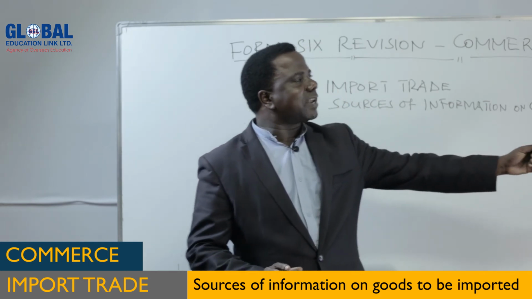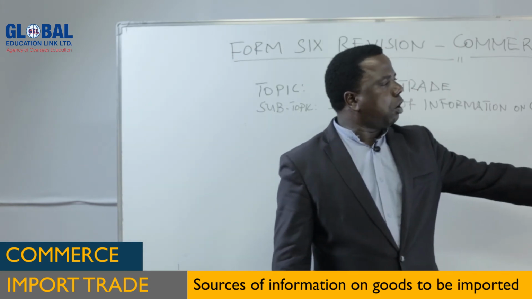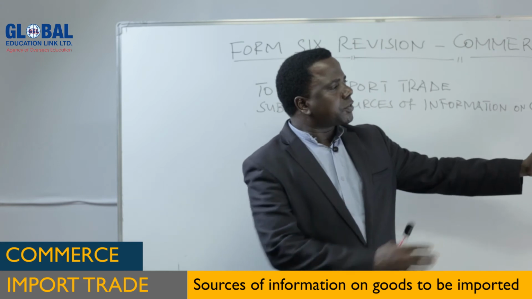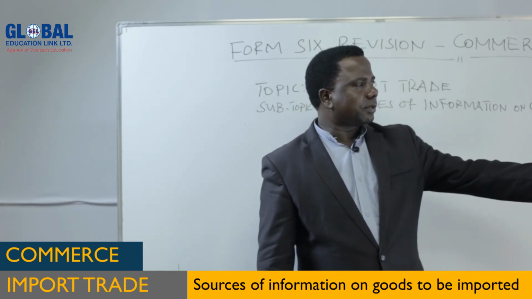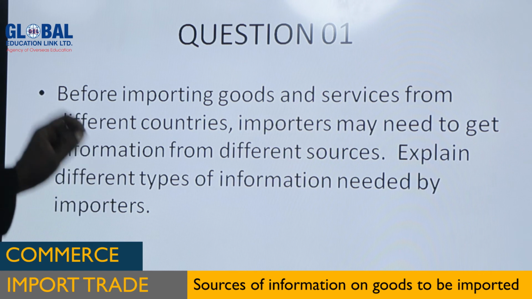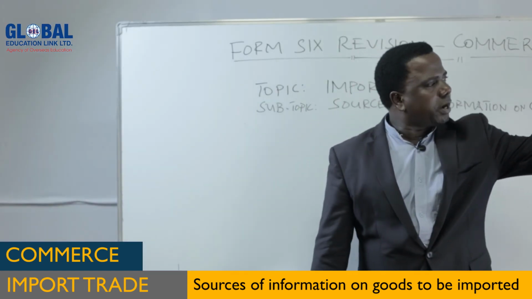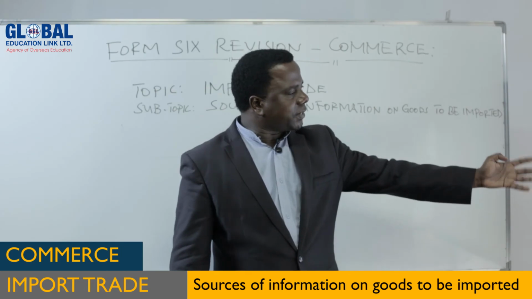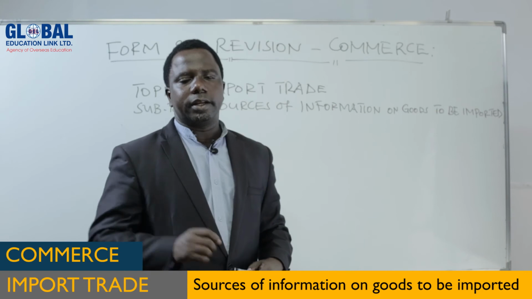You may be given explanations or scenarios, but what you need to understand is the concept. The question is all about types of information needed by importers. Just explain the types of information needed.